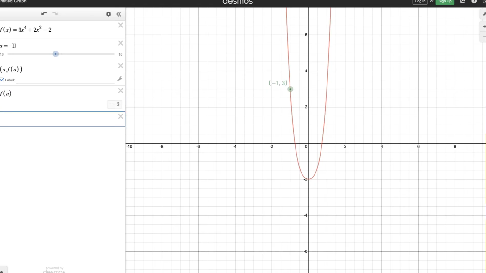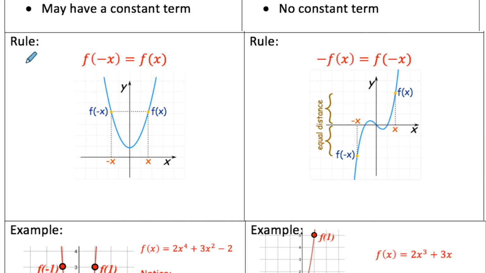There. So when x was 1, the y value is 3. When x was negative 1, the y value is 3. How about, let's say, if x was 0.5? The y value is that negative 1.3 approximate value. How if I make it negative 0.5? Same thing. The y value remains unchanged. So that's where this property comes from. If it's an even function, f at negative x equals f at x.